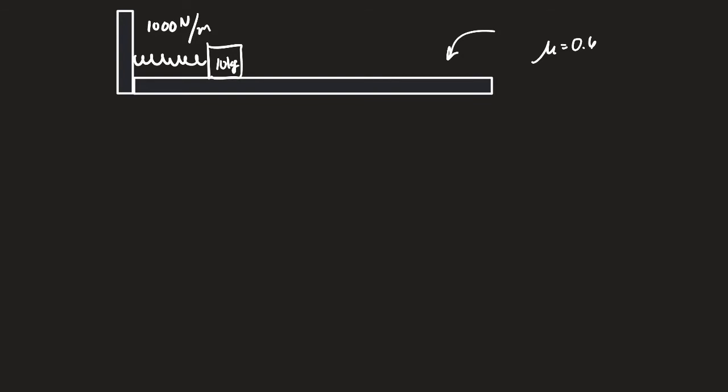If I was to give you a quiz, first 2 minutes of class tomorrow, to me, this is not a problem. Say I have a 10 kilogram block and a spring of 1,000 newtons per meter and a coefficient of friction of, say, 0.6 all along the surface.